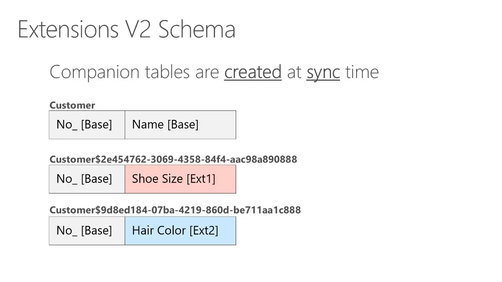So instead of shoe size, for our example, there would be a field for favorite book number. That shoe size for extension 1 was added to the customer table, and it gets an additional companion table for that app instead of an additional field. So it's no longer adding and removing fields from the base table, it's creating an additional companion table.